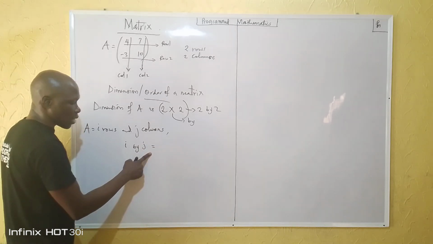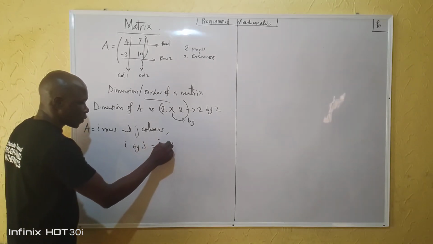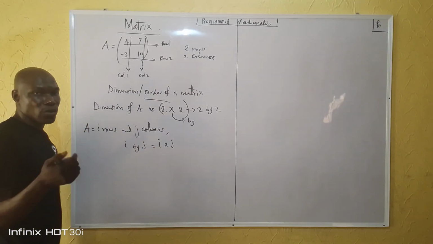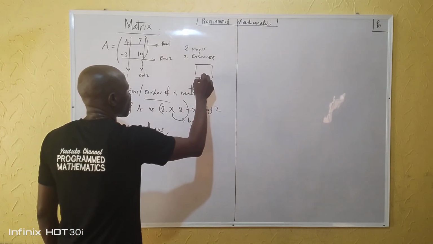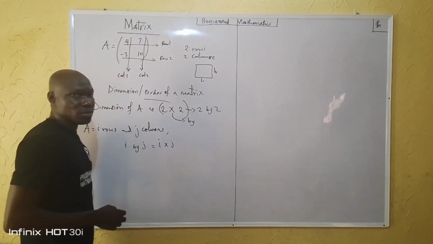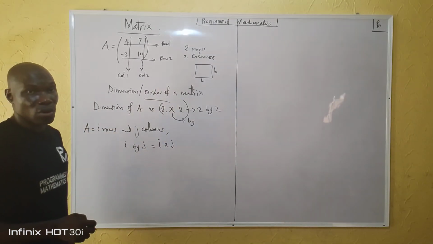And this is the same thing as saying i times j. More like when you want to find the area of a rectangle or a square. Remember, we say length multiplied by the breadth. That is exactly what we're trying to say here also.